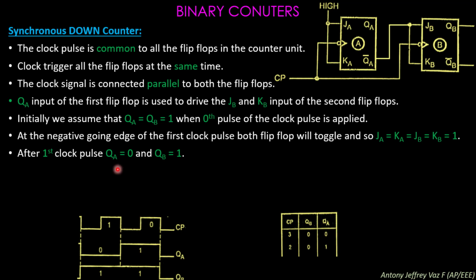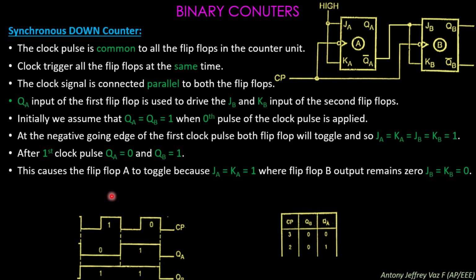In the first clock pulse stage, you may see QA is 0 and QB is 1. So here in the diagram you can see QA becomes 0 and QB becomes 1 in the first clock pulse stage. Similarly, in the next clock pulse stage, the toggle happens because of JA equals KA equals 1, where the flip-flop B outputs remain JB equals KB equals 0.